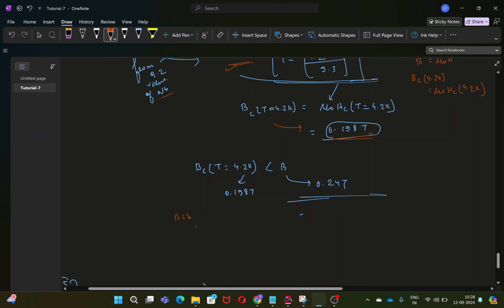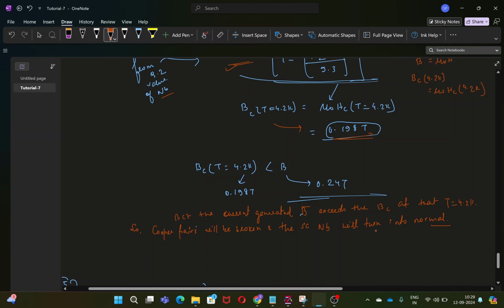So, because the current-generated magnetic field B exceeds the critical field Bc at that temperature, 4.2 Kelvin, the magnetic field will help to break the Cooper pairs, and the superconducting niobium will turn into normal. That means it has no superconducting property.